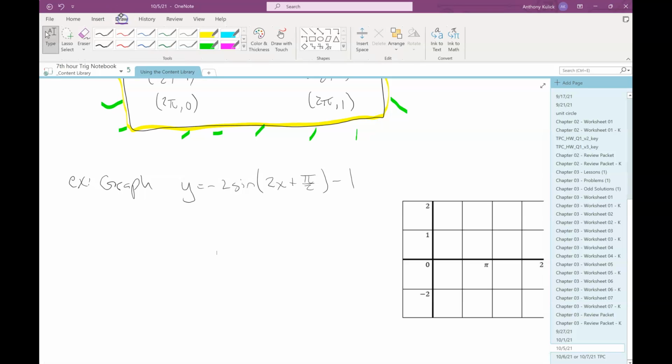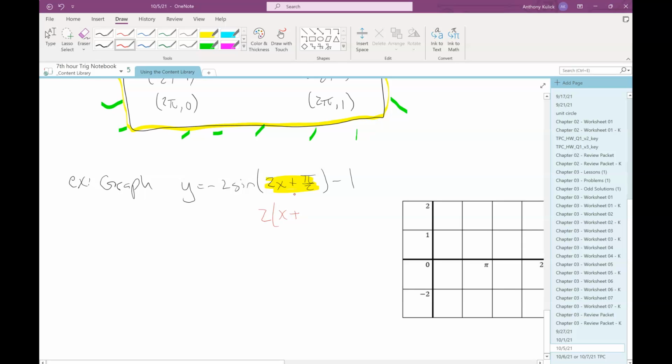So, first things first, I want to identify my values for A, C, H, and K. So I'm going to, again, worry about factoring the inside here. I'm going to factor off a 2. 2x divided by 2 is just x.